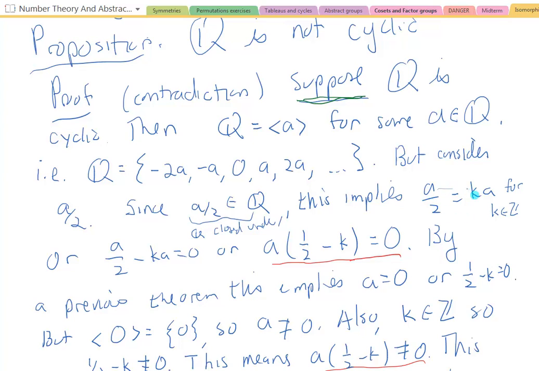Now, if I rearrange this equation, A over 2 equals KA, I get A over 2 minus K equals 0, or A times (1/2 minus K) equals 0.